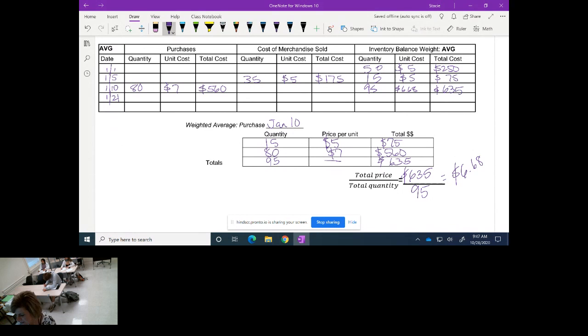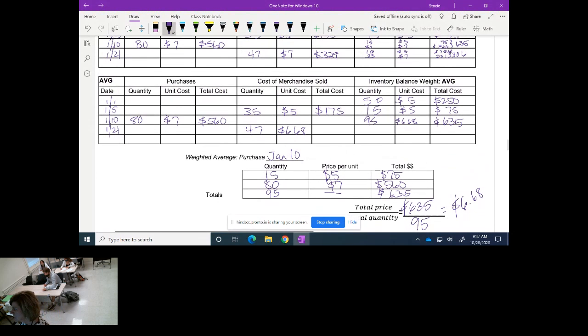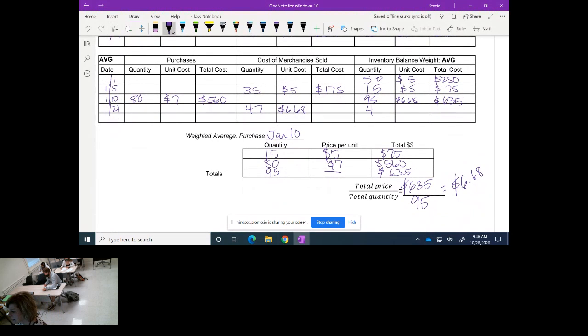When they have this next sale of 47 units, we're selling them at 6.68, and we have left 48 at 6.68, and you'll just multiply that out.